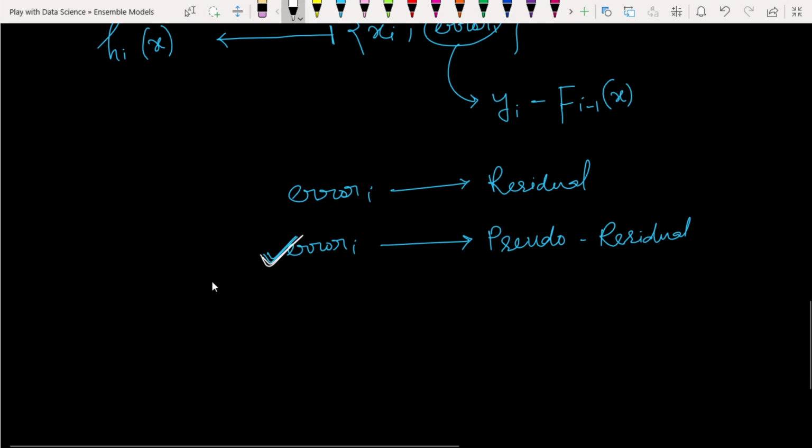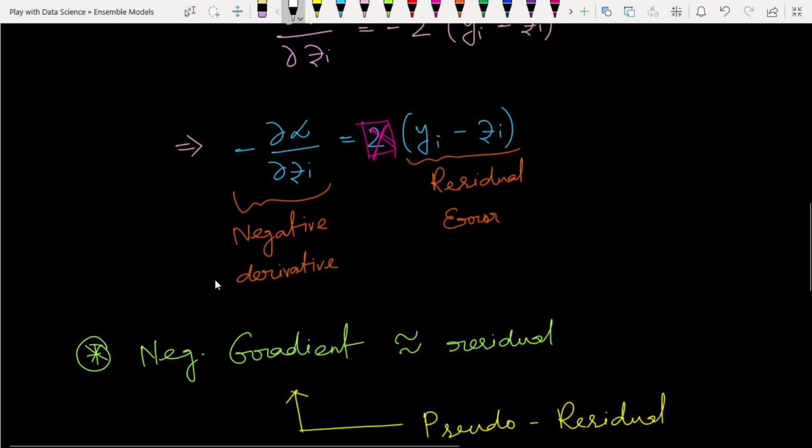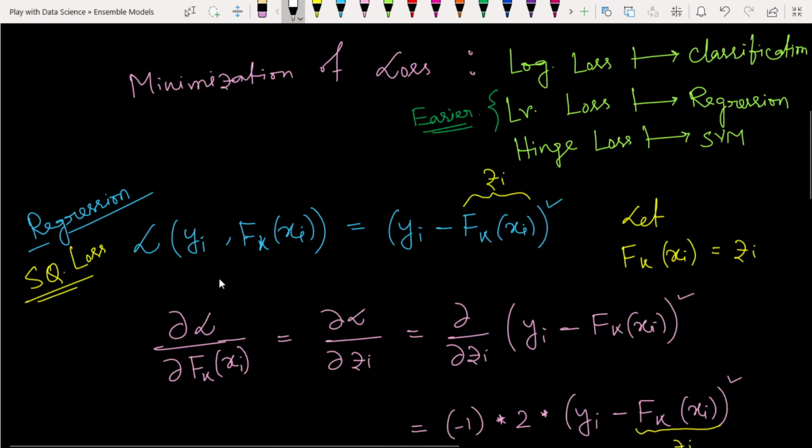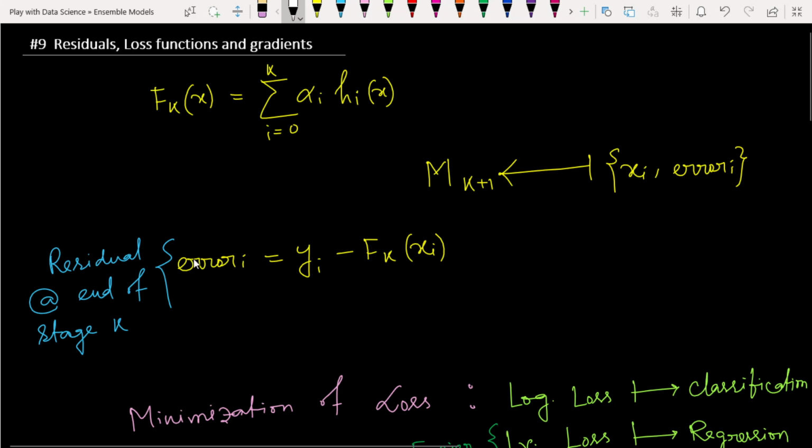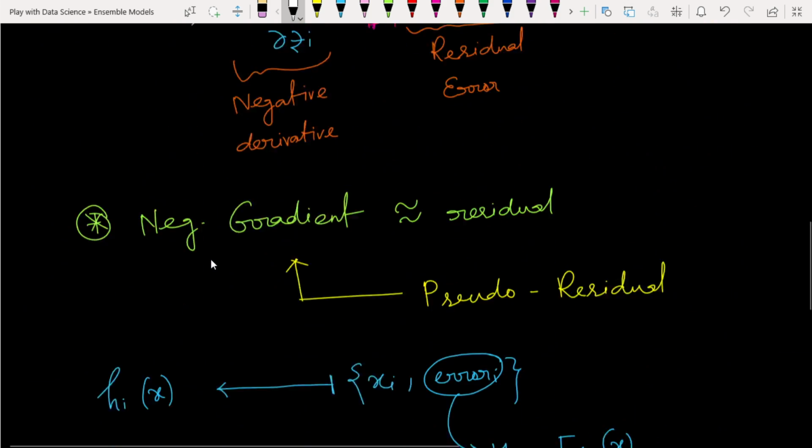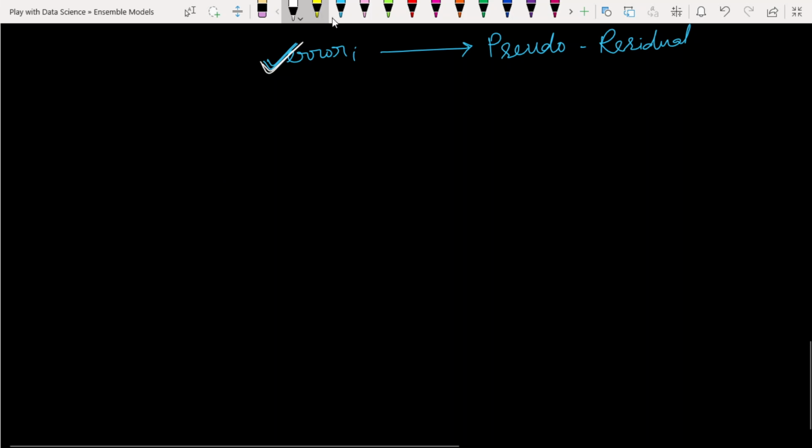If you remember the previous lectures, consider the random forest. In a random forest, what are we doing?